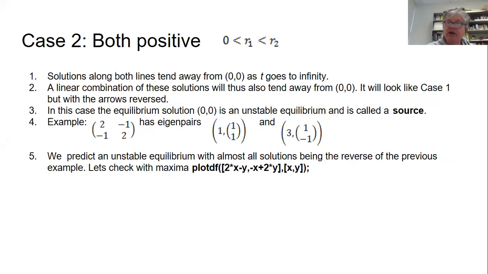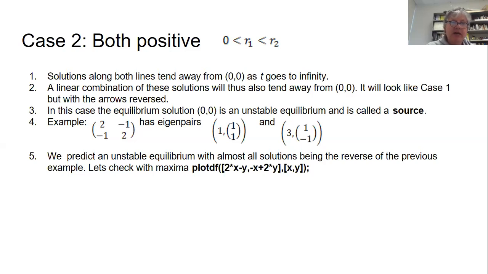And so it's just going to look like the previous case with the arrows reversed. So in this case, the equilibrium solution 0, 0 is an unstable equilibrium, and it's called a source, just like we saw in the phase line.